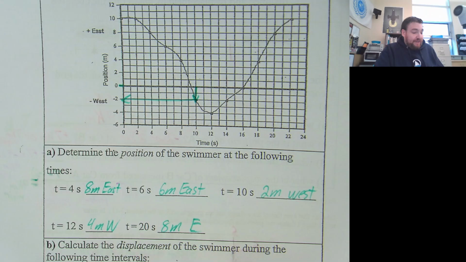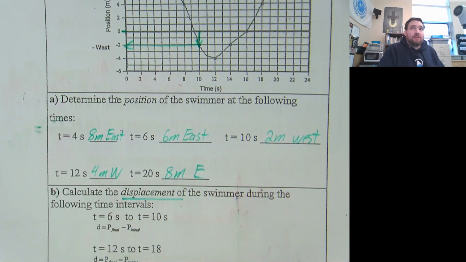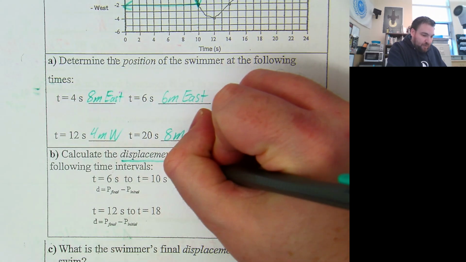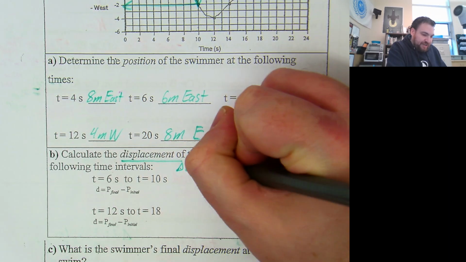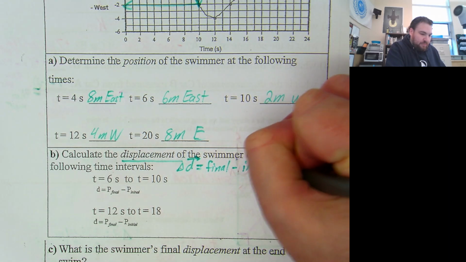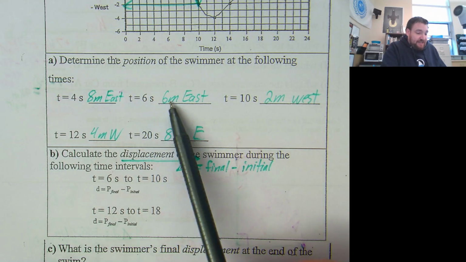So those are positions. Now we can start to calculate displacements. Remember, displacement is just a change in position. It is the final position minus the initial position. So from 6 seconds to 10 seconds, what is the displacement of the swimmer? We've got at 6 seconds, they were 6 meters east.